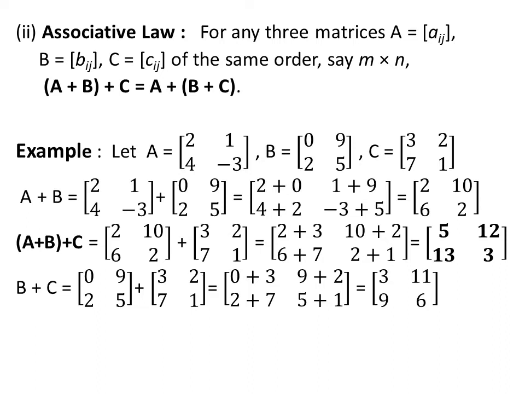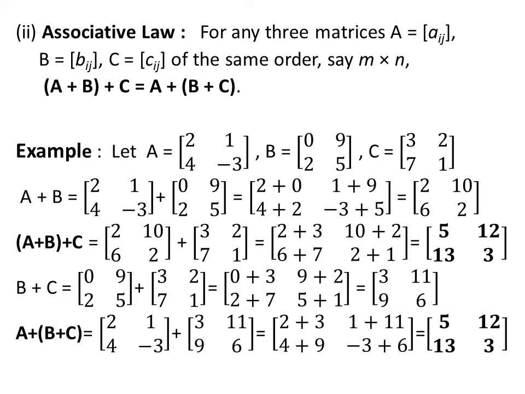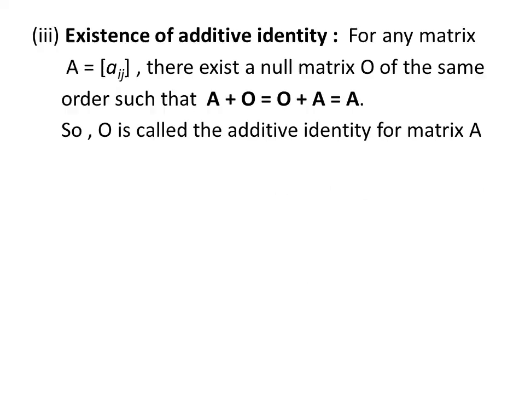Now we add this matrix B plus C to the matrix A. Add the corresponding elements of matrix A and the matrix obtained from B plus C. We get a new matrix with elements 5 and 12 in the first row, 13 and 3 in the second row. So we have proved (A plus B) plus C equals A plus (B plus C). So matrix addition is associative.